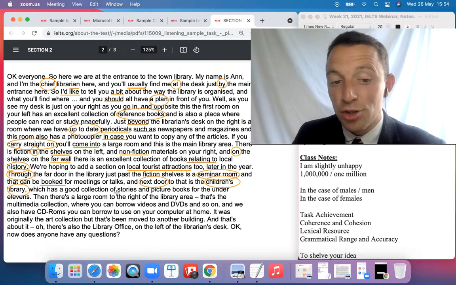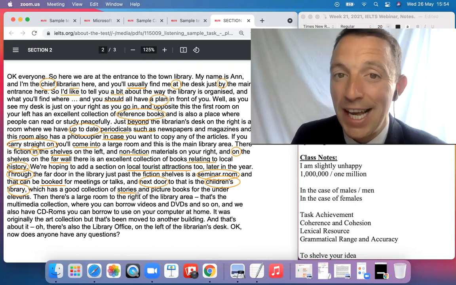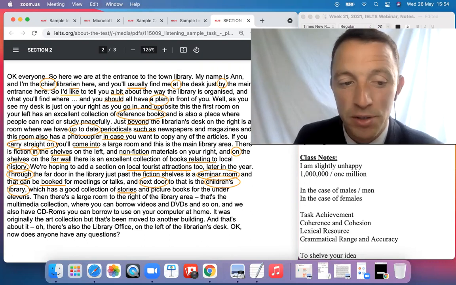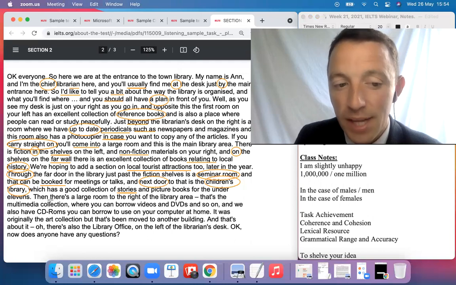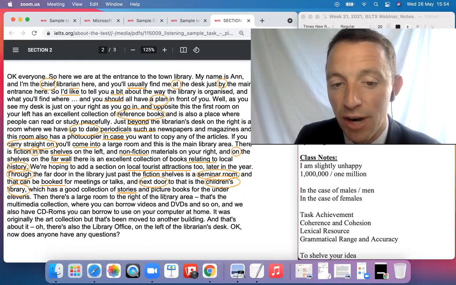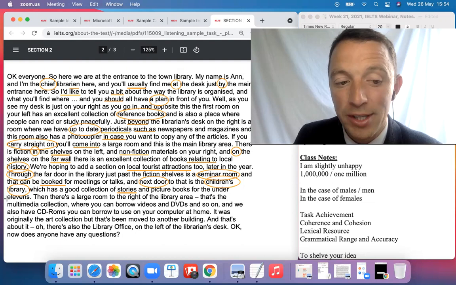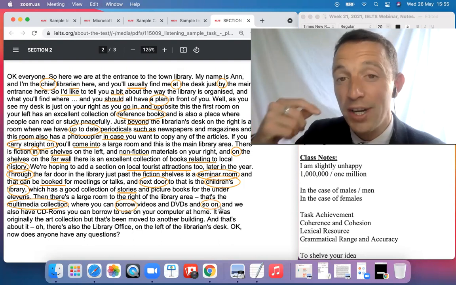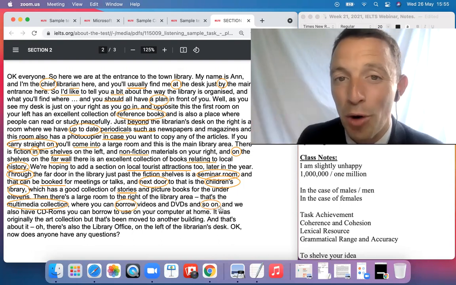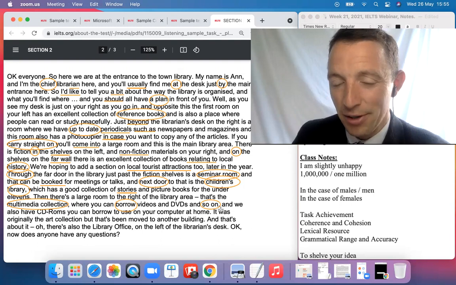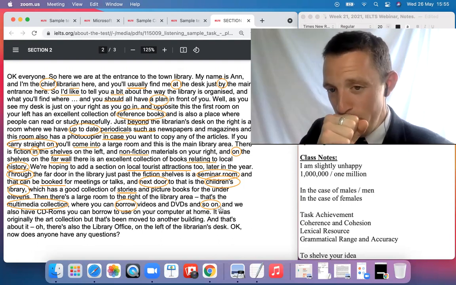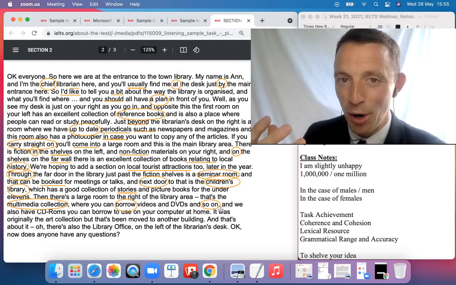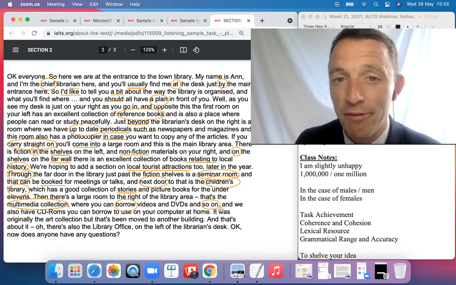Good collection of stories. So there's an example, the difference between history and stories, and picture books for the under 11s. Then there's a large room to the right of the library area. That's the multimedia connection where you can borrow videos and DVDs and so on. So on is a more formal, a more appropriate way to say etc. Okay, so a lot of people say etc, but I think so on is more appropriate and more formal as well.